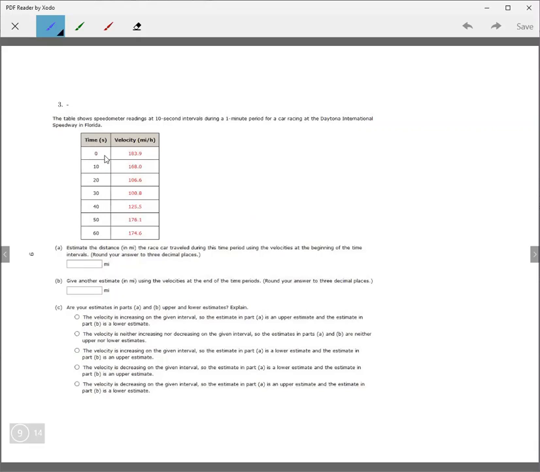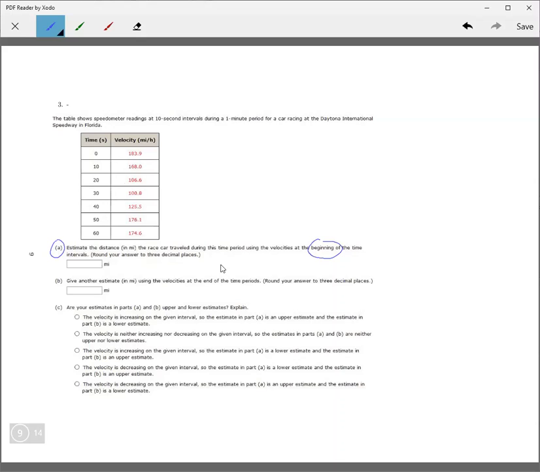Okay, so for part A, estimate the distance during this time, using the velocities at the beginning of the time intervals. This is the beginning of the time intervals. So from 0 to 10, you're going to be using this one. From 10 to 20, you're using that one, and so on.